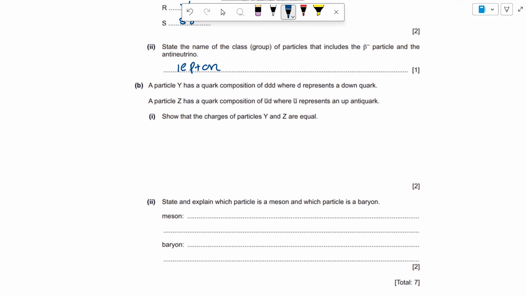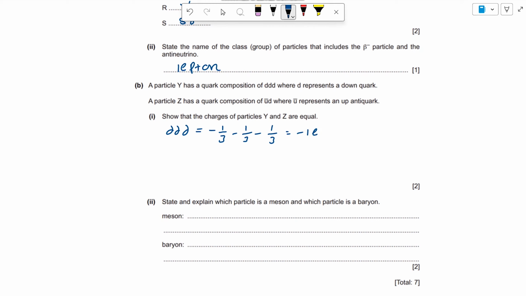The particle Y has a quark composition of DDD, where D represents a down quark. Show that the charges of particle Y and Z are equal. So D D D is equal to -1/3 -1/3 -1/3, which is equal to -1e.